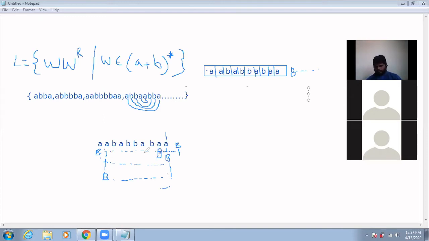And you move to the left hand side. So like this, for this B, you will make this a blank, and you move to the right hand side for checking this B. And similarly, left hand side you go, and this blank you make.